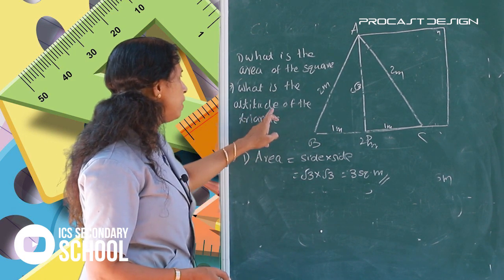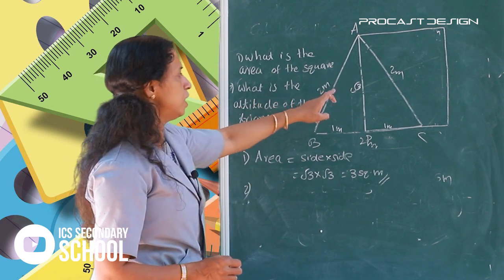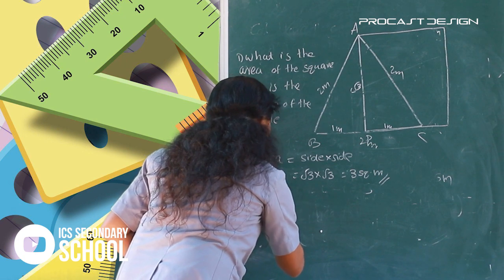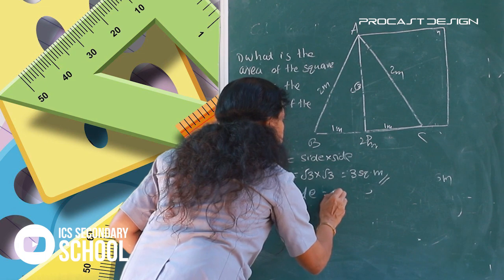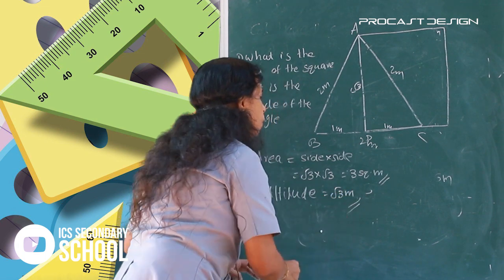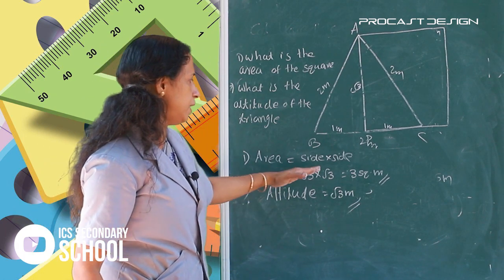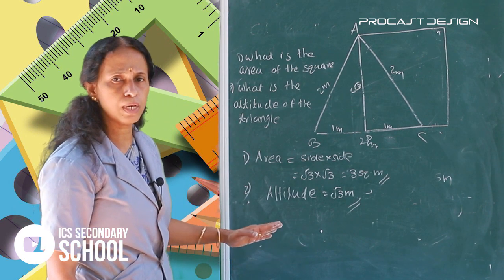Second answer: the altitude is equal to root 3 meter.